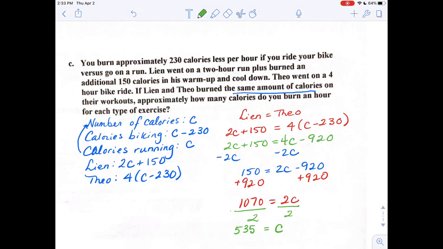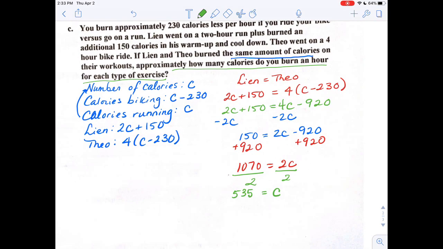Now, again, it says approximately how many calories do you burn an hour for each type of exercise? That means I need to know about running and biking. Well, running is easy. That is the calories for running.